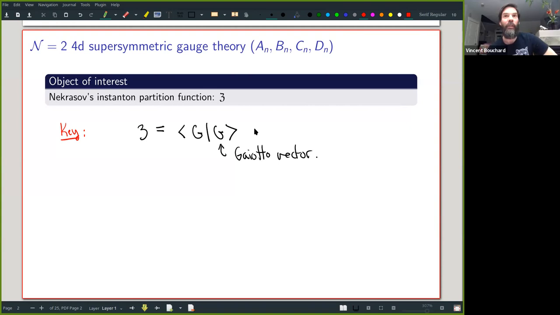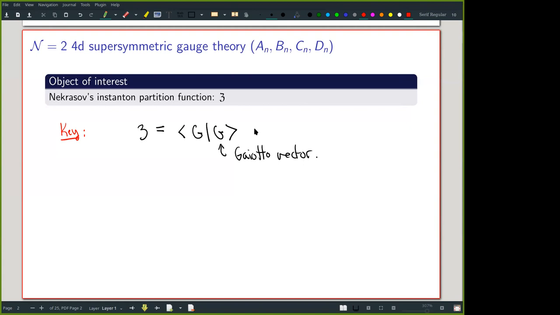I don't know how intuitive it is, but maybe there's an intuition I can say. This is counting instantons on S^4, and somehow the Gaiotto vector I want to think of as the instanton partition function on the hemisphere. You glue two hemispheres to get the S^4. So it's like topological anti-topological fusion. That's how I think about it. Okay, thank you.